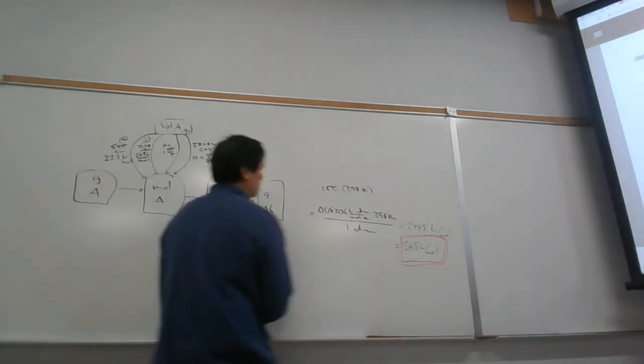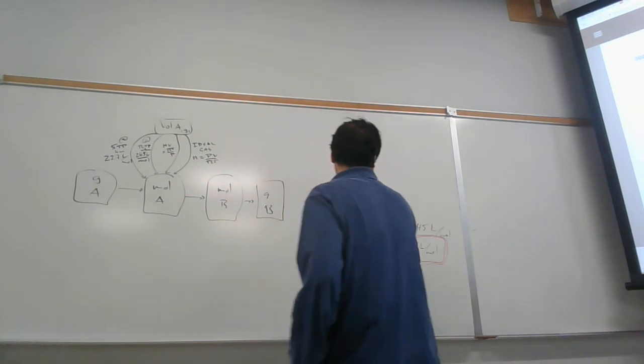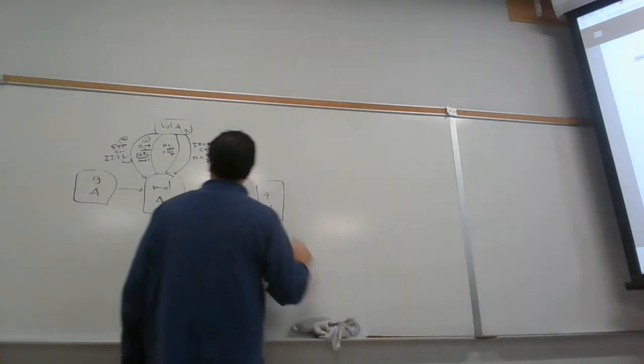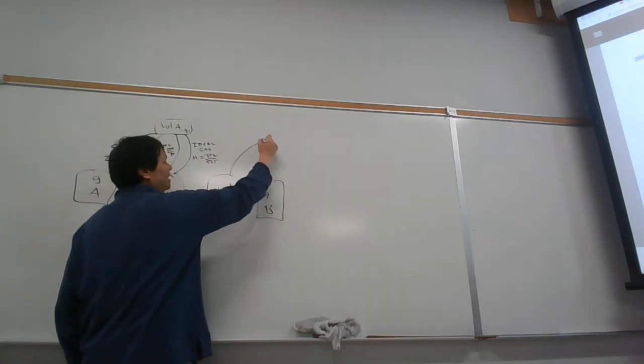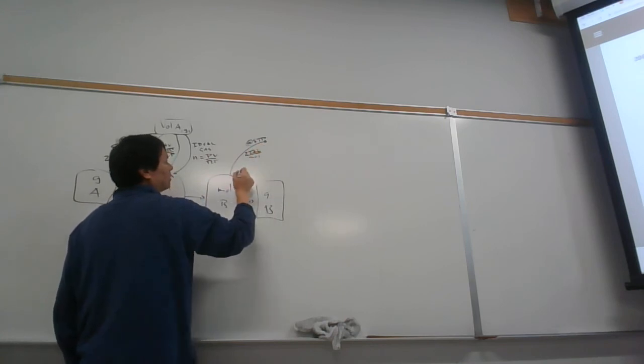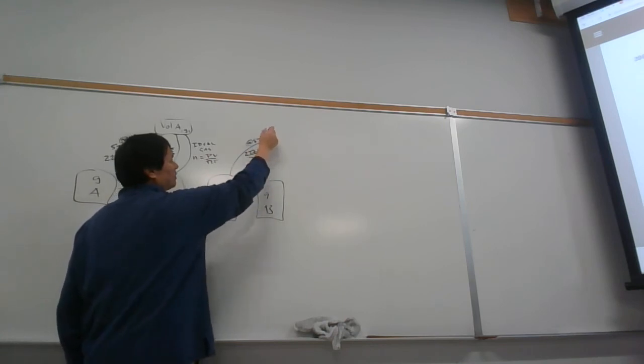And the same thing here. If B is a gas, then I could do the same thing. That is, if B is at STP, then I just use 22.7 liters per mole. If you want to memorize it, you don't have to.